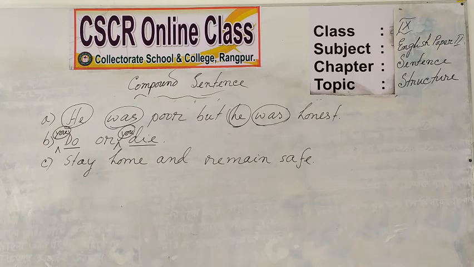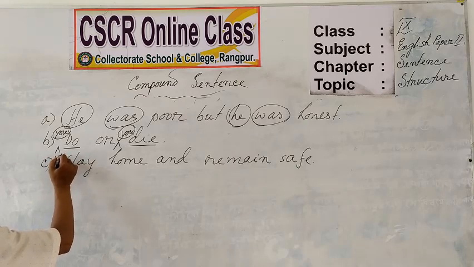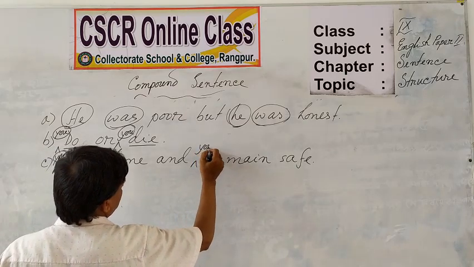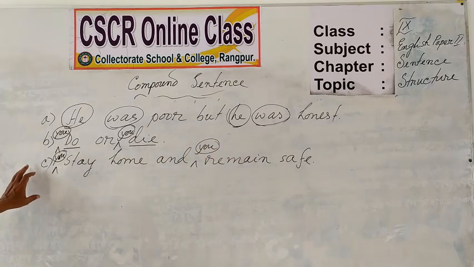In the third sentence, stay home and remain safe. Here also the subject you is silent. In the next part, the subject you is silent. That means in sentence C there are also two subjects, two finite verbs.